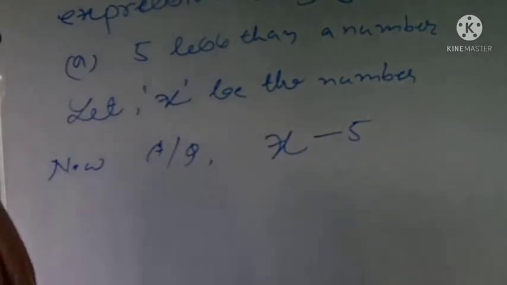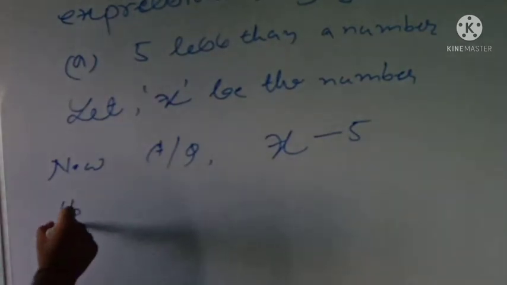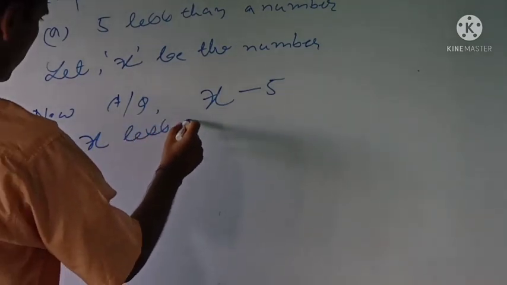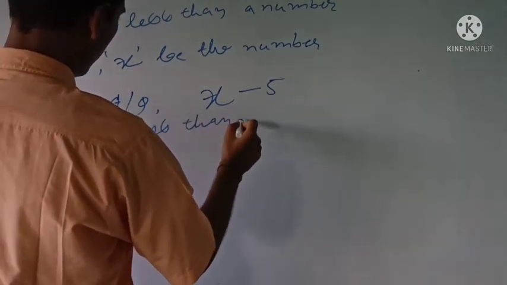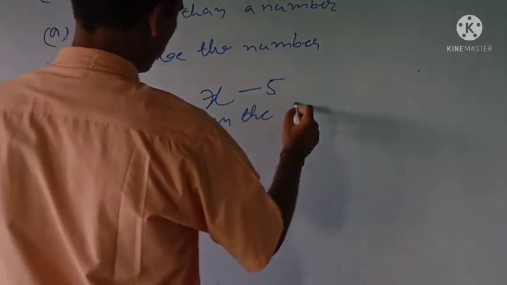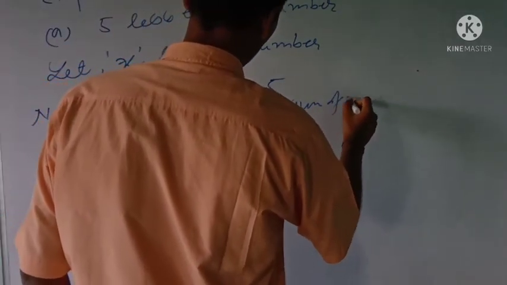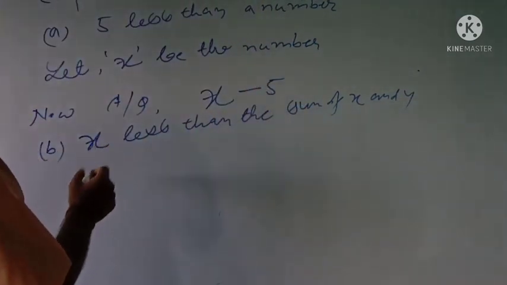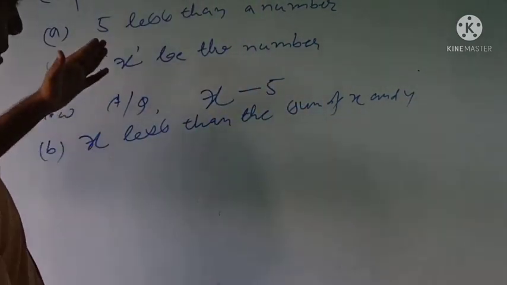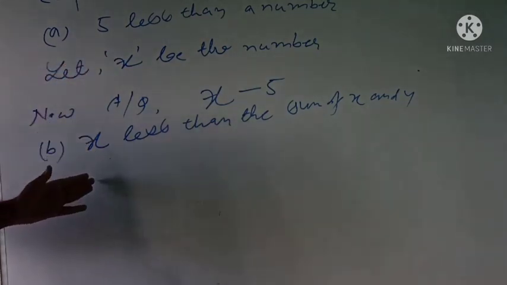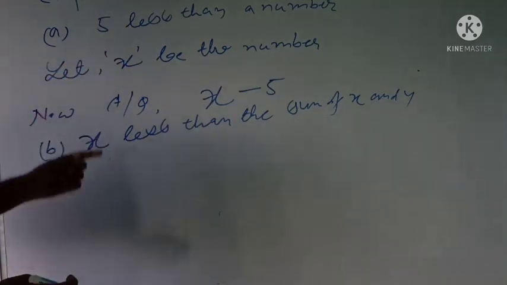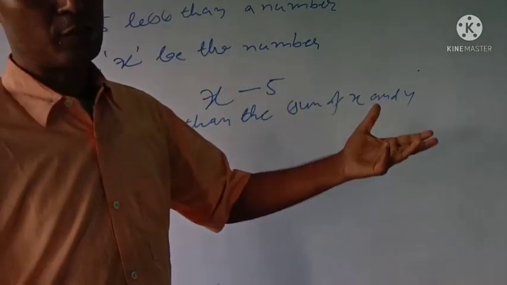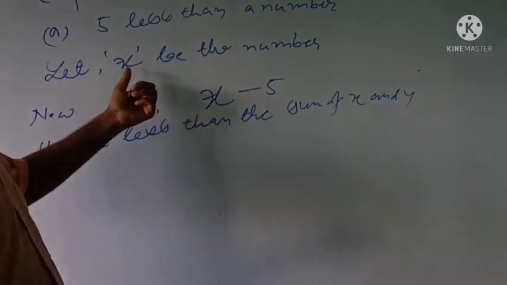Now question number B: x less than the sum of x and y. Unlike question A, in question B we do not need to assume. In question A, we did not know the number, so we assumed x to be the number.